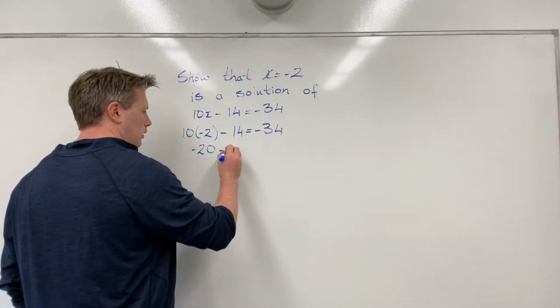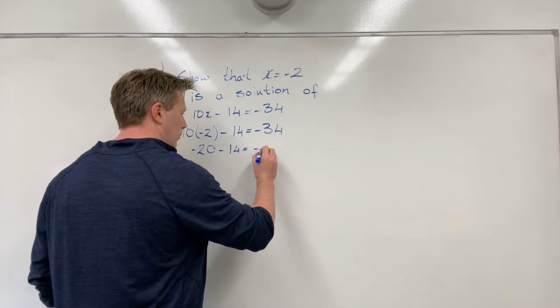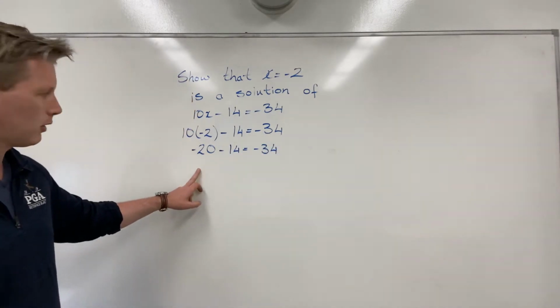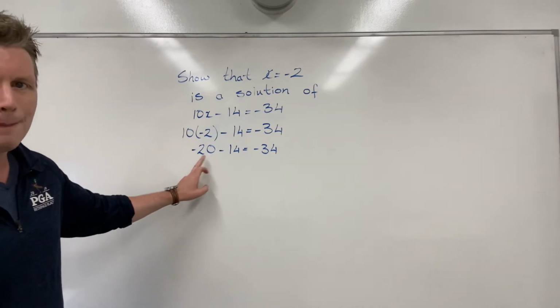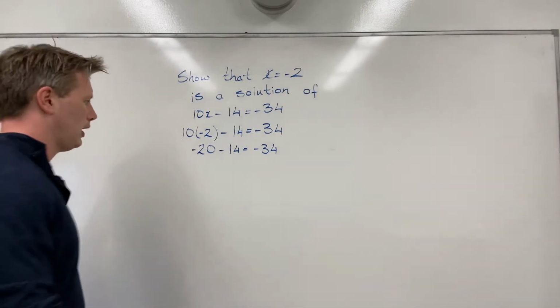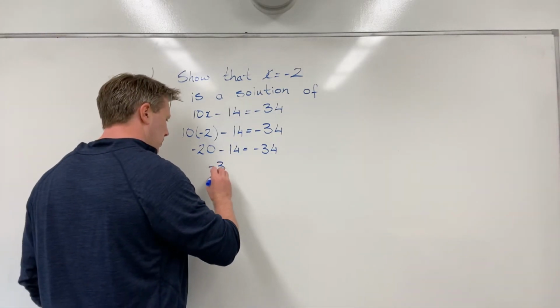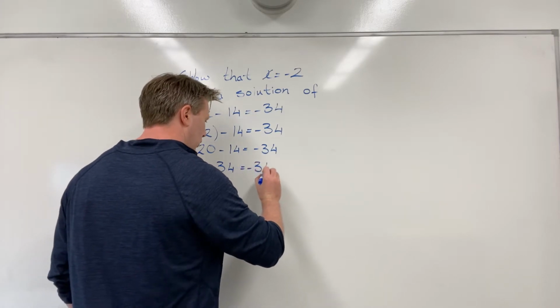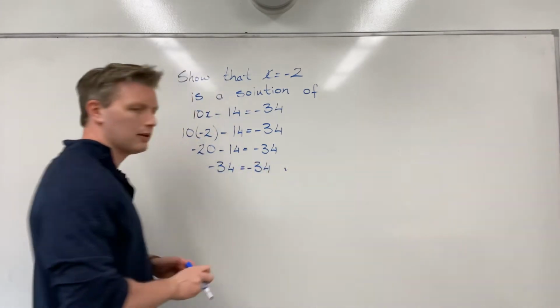Minus 14 equals minus 34. Gathering up my terms on the left-hand side of my equation, I have minus 20 minus 14. Well, if I do that in my head, I get minus 34. So I get minus 34 equals minus 34. And sure enough, that is true.